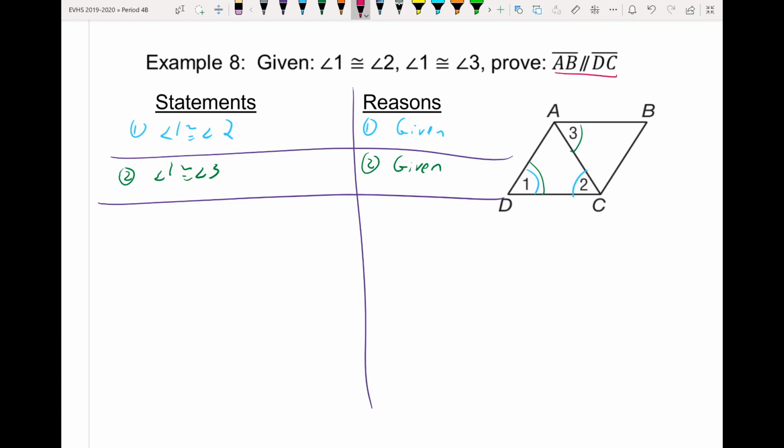Now, in order to do that, I need one of my special categories to line up as being either congruent or supplementary. So, looking at AB and DC, do I have one of my special sets labeled here? Yeah, what do you got?